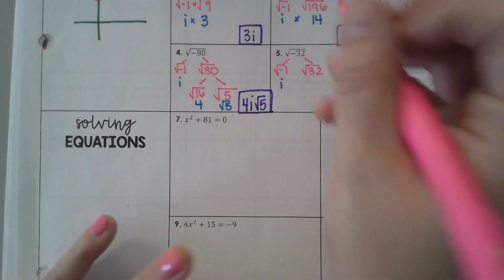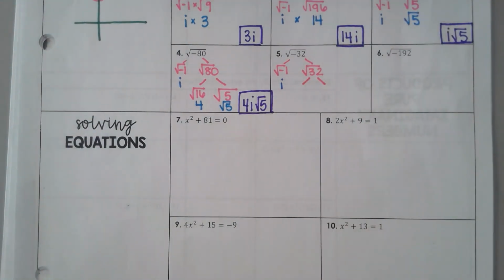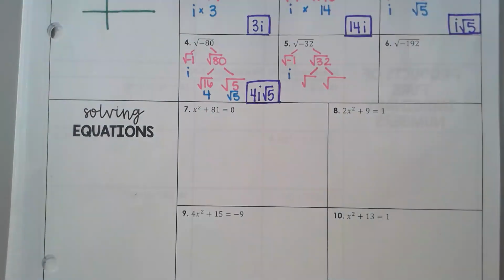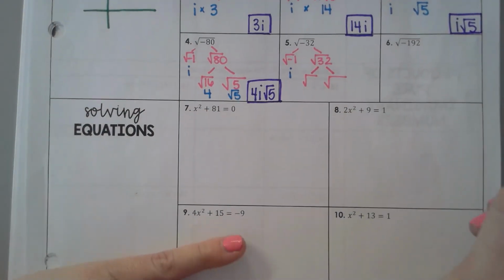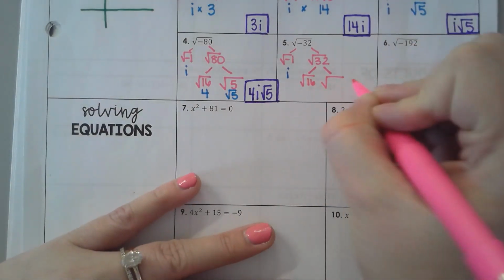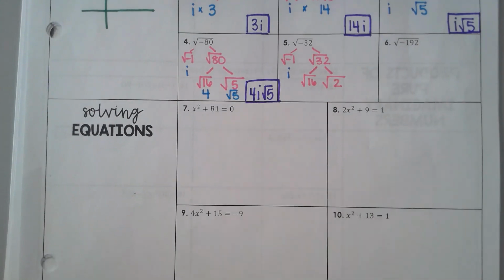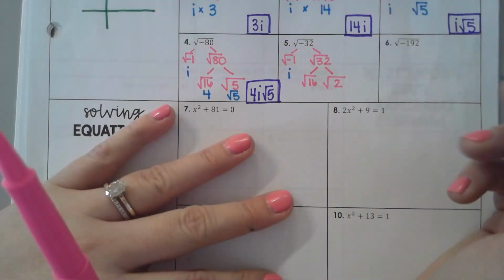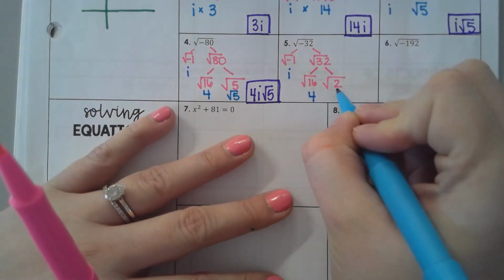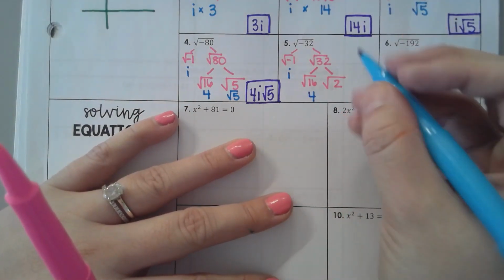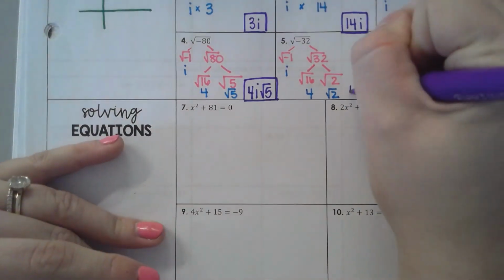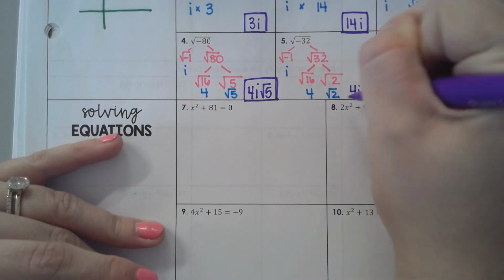No. So split it. What is the largest perfect square that goes into 32? 16. 16 times what? 2. And what is the square root of 16? 4. Can I do anything with the square root of 2? No, so bring it down. So 4i square root of 2.